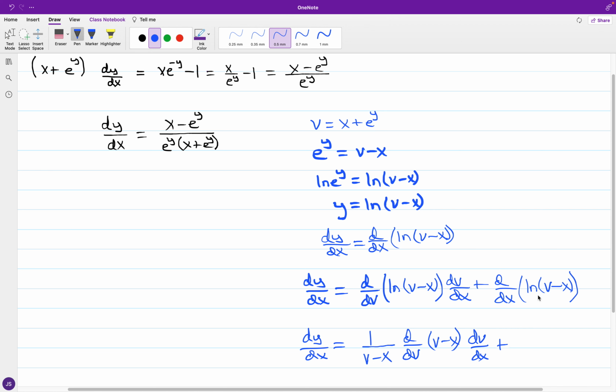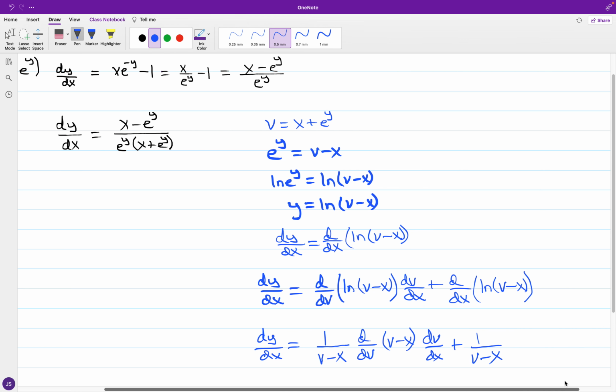Plus, now with respect to x, the reciprocal of v minus x times the derivative with respect to x of v minus x. Now I have a negative x term, so the derivative here goes to -1. But for v minus x, the derivative with respect to v of v goes to 1. Negative x is negligible, so we got a positive 1.